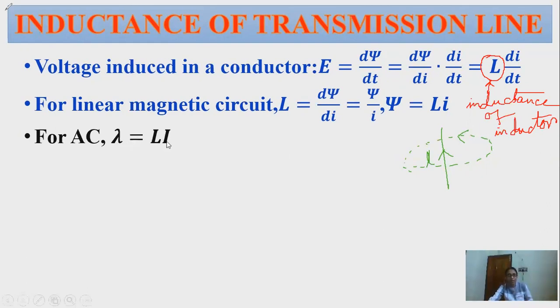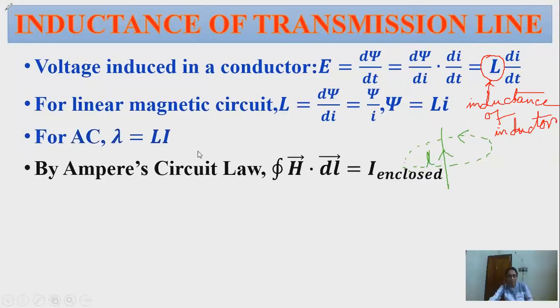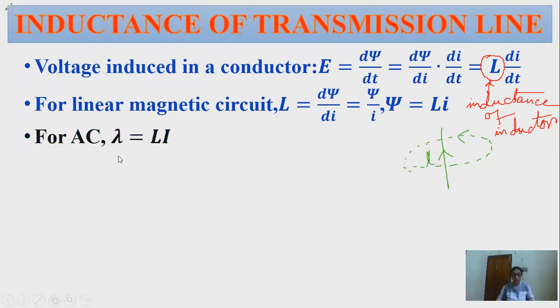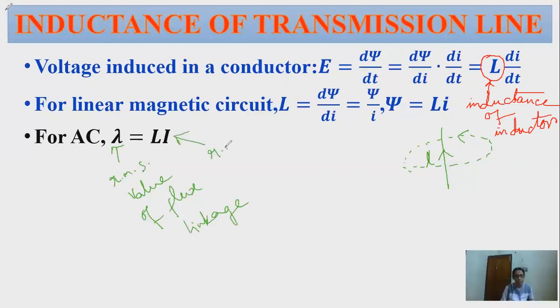And here, lambda is the RMS value of the flux linkage and I is the RMS value of the current.